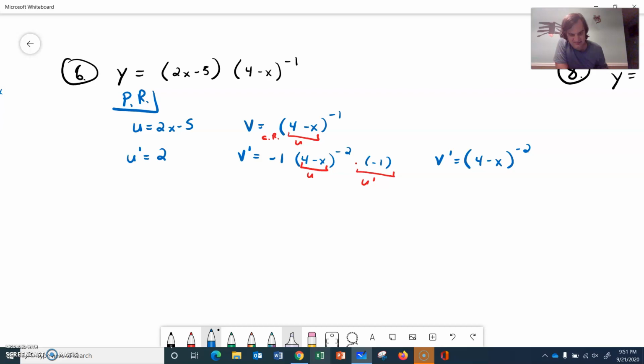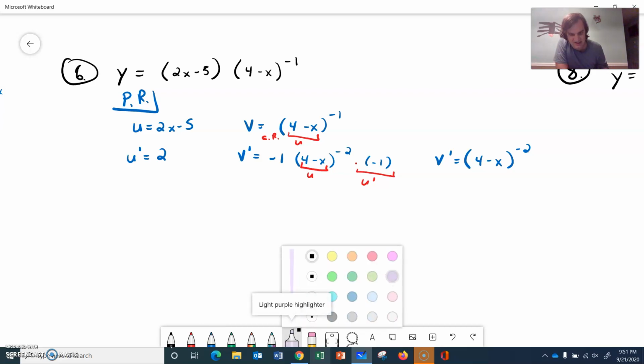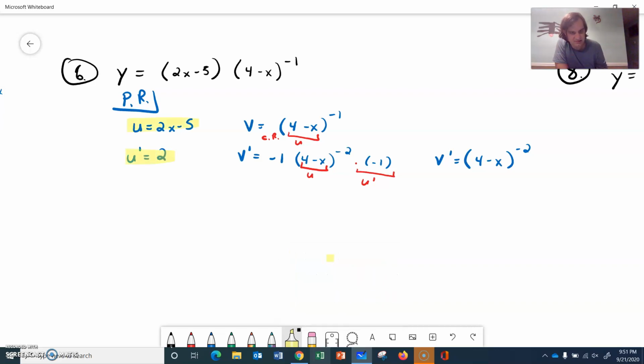So the four things that I'm putting back together, let me highlight them here, are u, u prime, v, and v prime. So let's put our product rule back together. Y prime equals v, that is 4 minus x to the negative 1, times u prime, which was just 2.